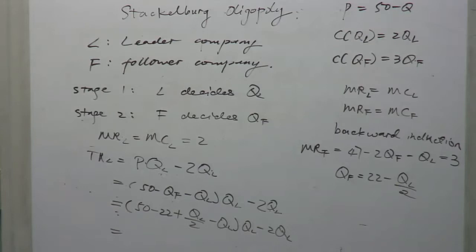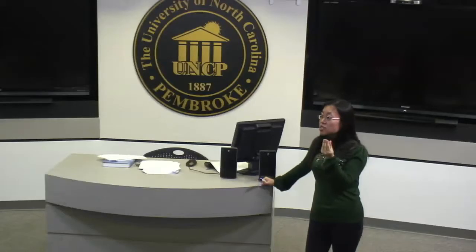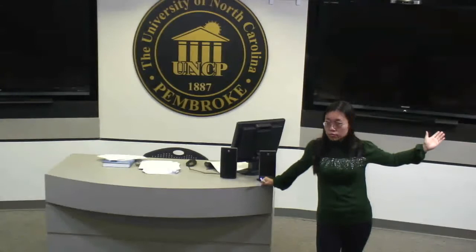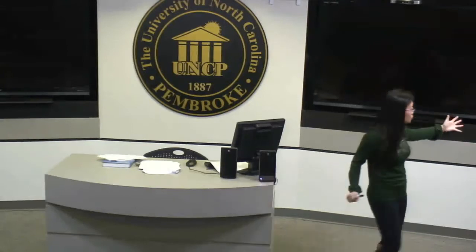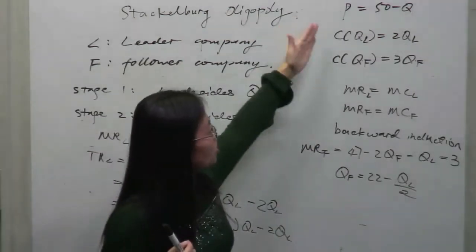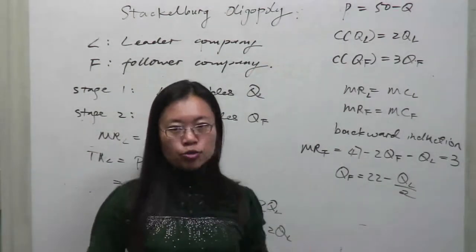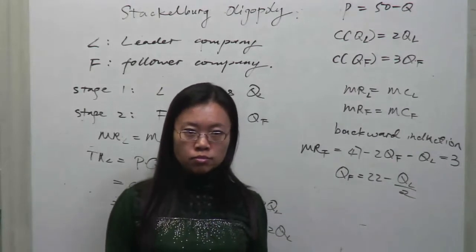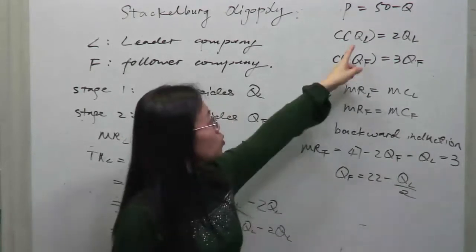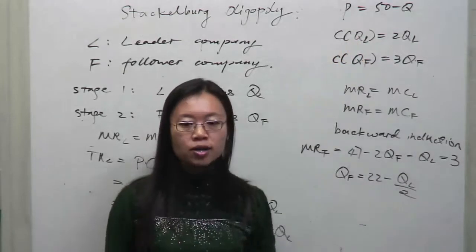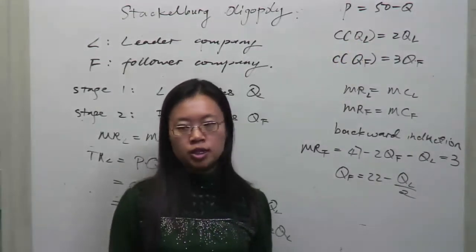My question is, I want to compare the outcome from the Cournot setup with the outcome from the Stackelberg setup. So we have now solved the output here, but I want you to start thinking about, if I put this leader and follower into a Cournot setting and solve this Q for each firm, is the leader's output going to be higher or lower in the Cournot setting?